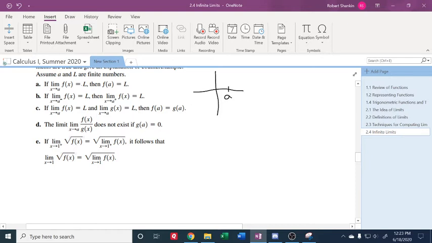Where do I put L? Well, that's the value of the output, so that must be over here on the y-axis. My function f is going through, I think, this point right here. But it doesn't tell me how it goes through. Maybe it's going through like this. Who knows?